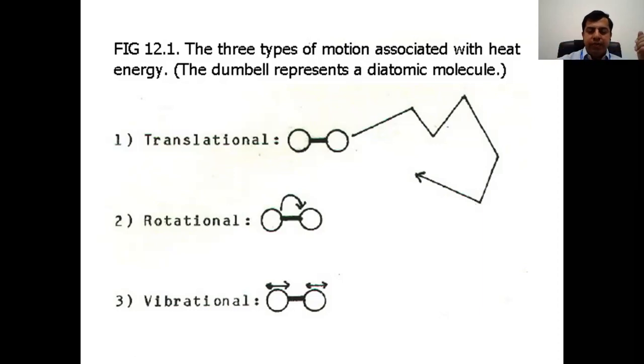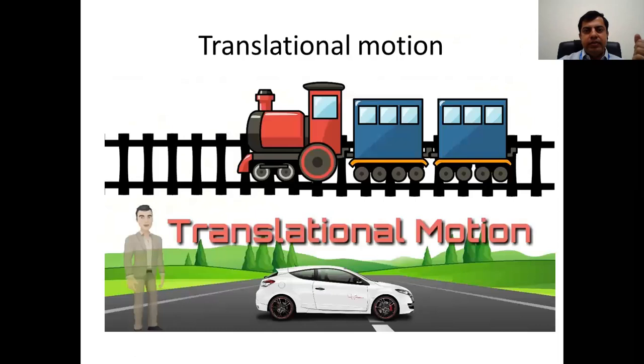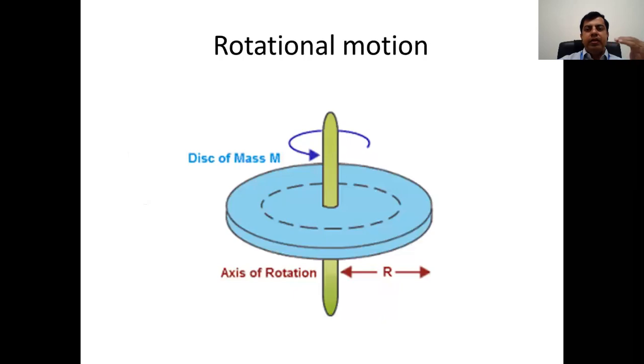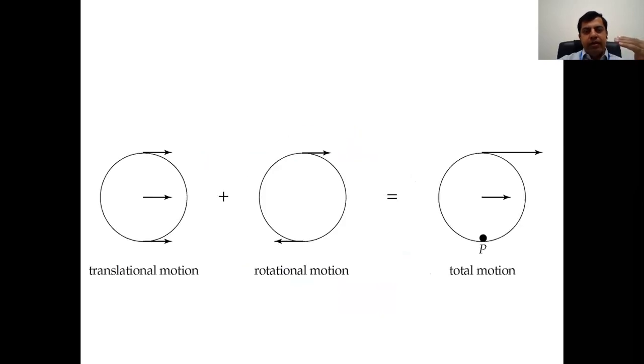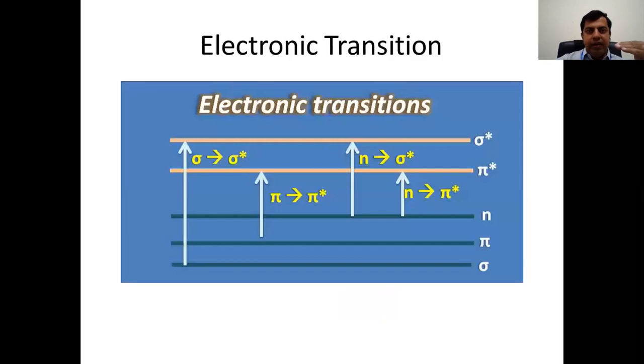Here is the depiction in the picture. If something is moving in a direction, this is called translational motion. If it is rotating along the x-axis, that is called rotational motion. If the molecule is going in one direction while rotating, you can say this is rotational-translational motion.